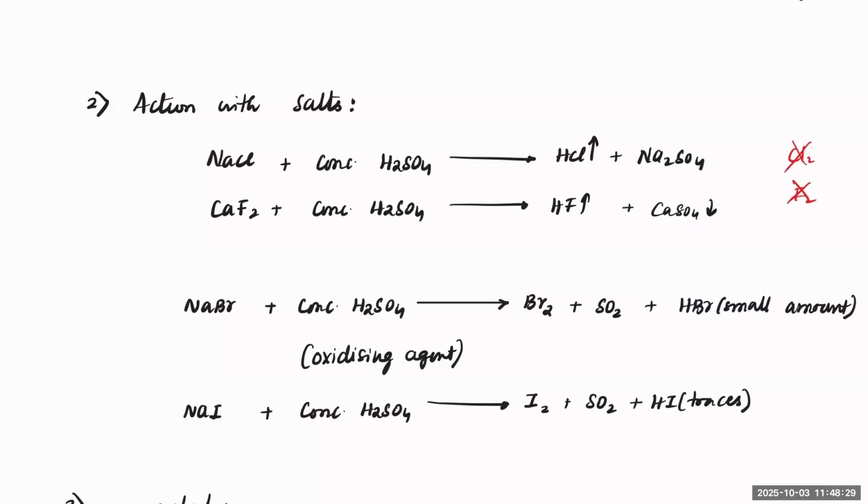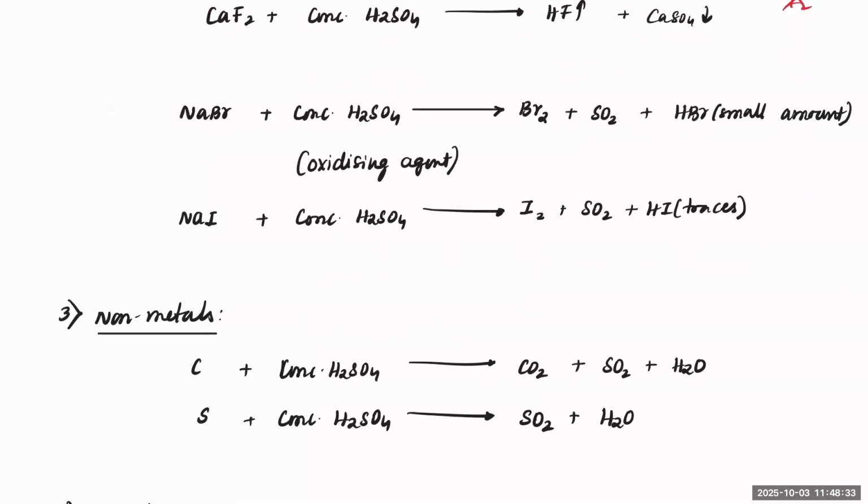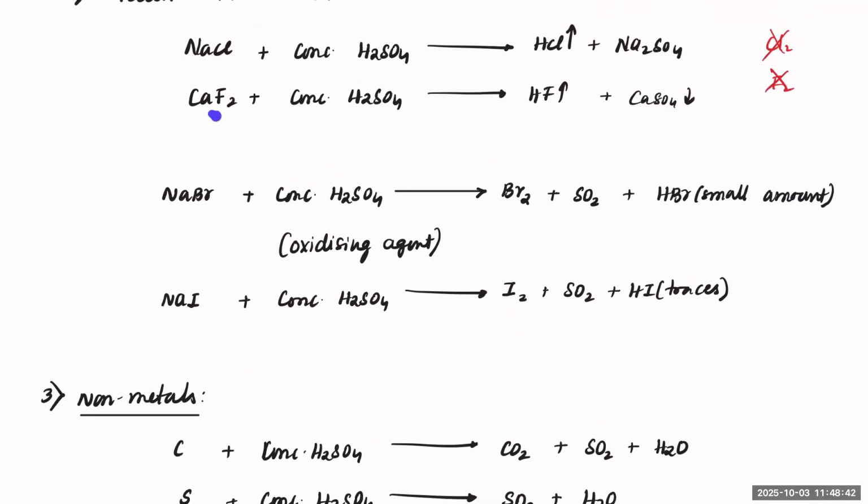Now, in these two cases, there is no oxidation or reduction happening. But the minute you react NaBr or NaI with concentrated H2SO4, now it will act like an oxidizing agent, which suggests the fact that fluorine and chlorine are much stronger oxidizing agents than concentrated H2SO4.